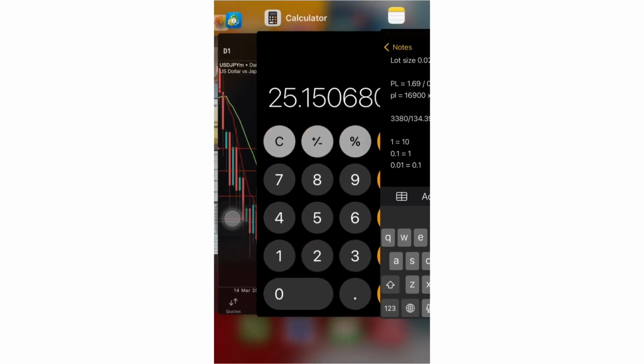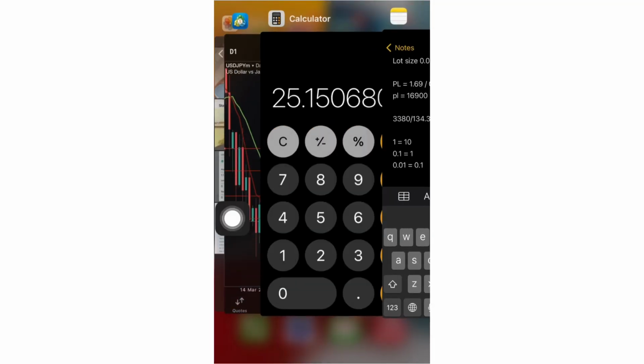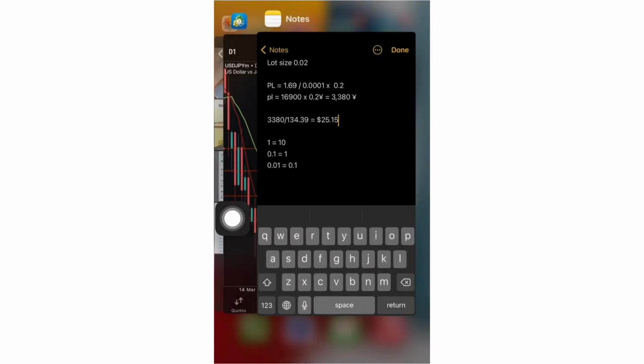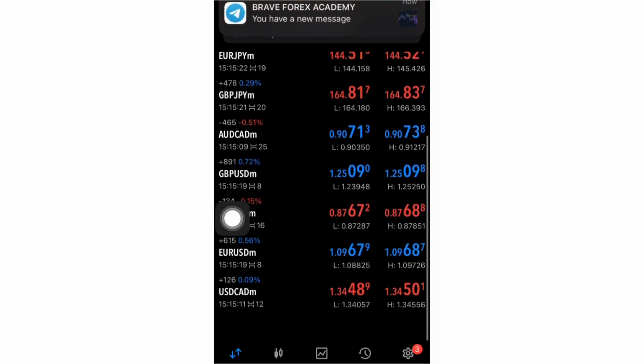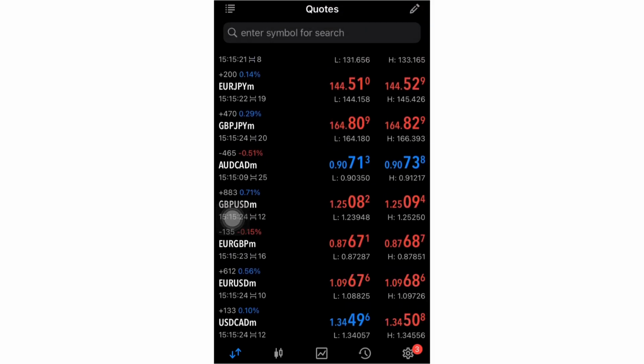Suppose I'm using something like GBPUSD, for instance, EURUSD, and I'm calculating, it's going to give me in quote currency, which is USD, automatically in dollars. I don't have to convert because my account is in dollars.